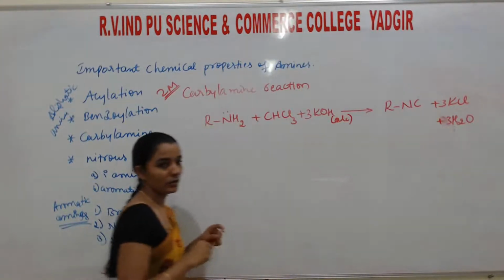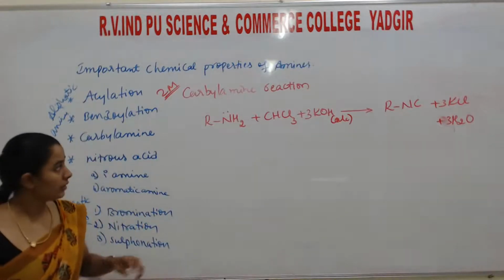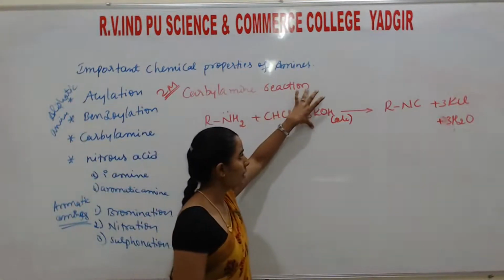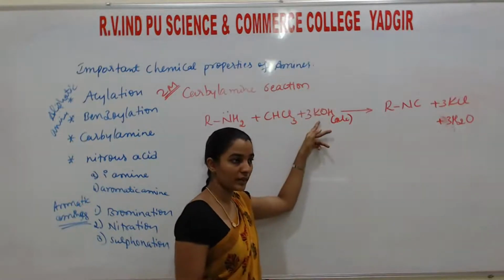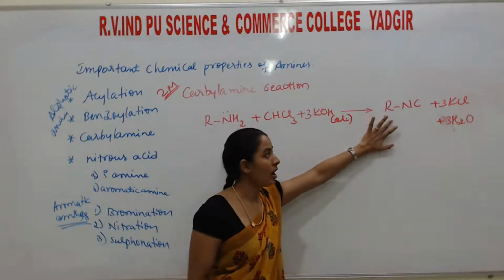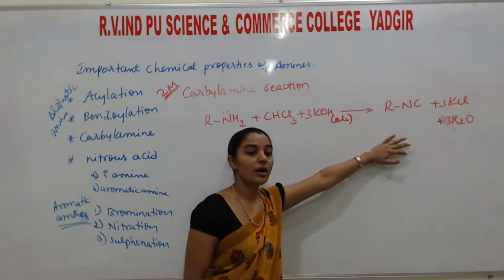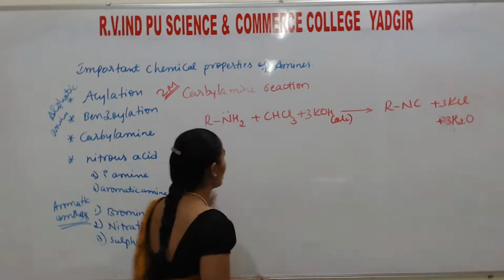Understand? So here what happens? When these RNH2 compounds react with chloroform and alcoholic KOH, especially ethanolic, then they form RNC, that is, isocyanides, with the liberation of the byproducts. So this is the carbylamine reaction.